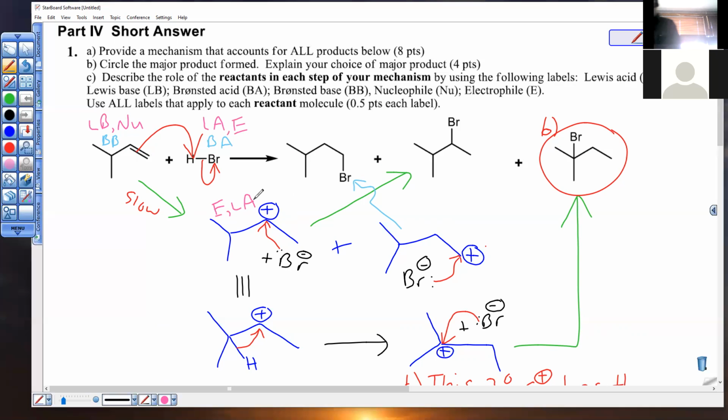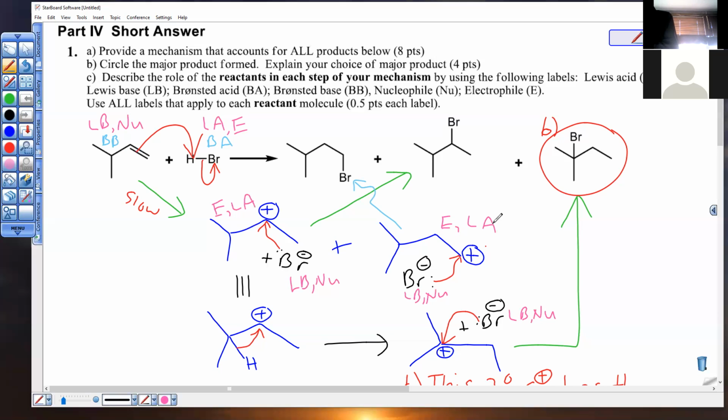The acceptor of the electrons is not a hydrogen atom, it's a carbon. And Lubnu for every bromide that attacks the cation. And Lubnu here too. Each of these labels is a half point. These points are starting to add up, aren't they? The attacked cation is an Ela every time.